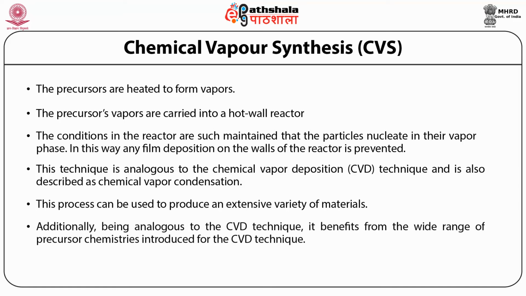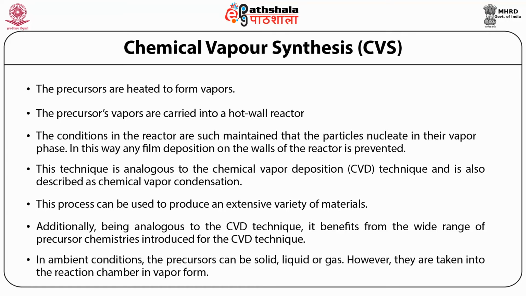Additionally, being analogous to the CVD technique, it benefits from the wide range of precursor chemistries introduced for CVD, because all of them can be applied to this process as well. In ambient conditions, the precursors can be solid, liquid, or gas. However, they are taken into the reaction chamber in vapor form. The vapors can be produced from a bubbler or sublimation source.